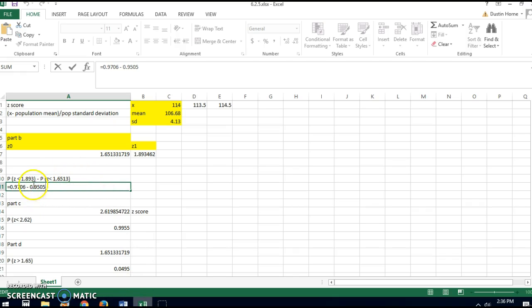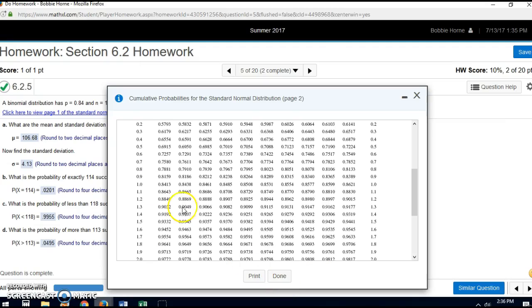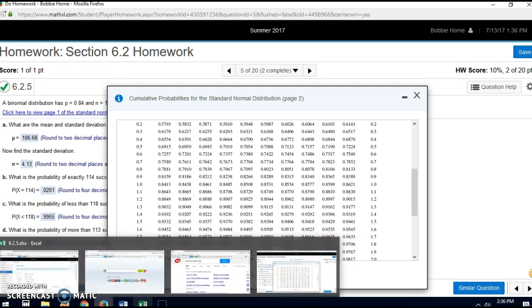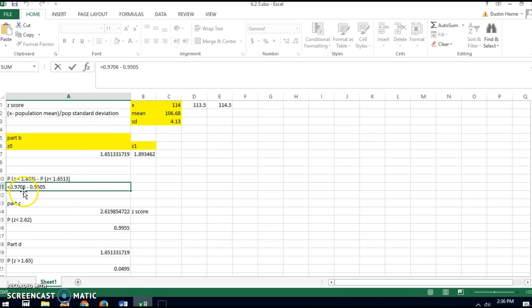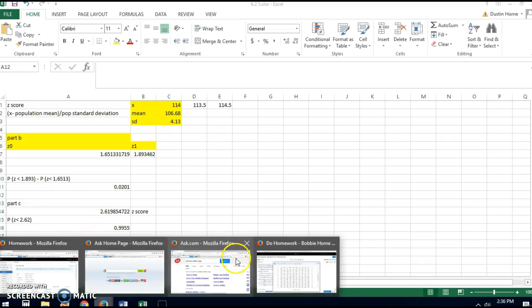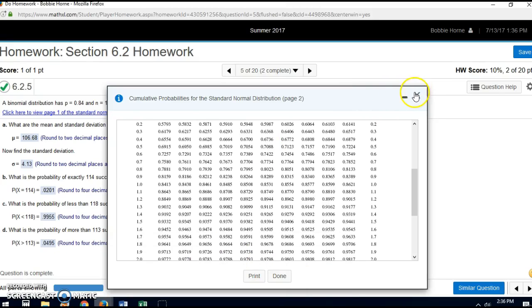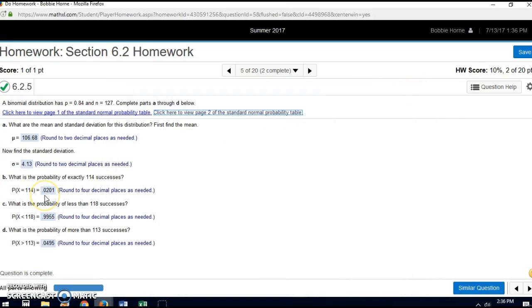We're going to subtract it out, and then our other value, our biggest number, is 1.89, which is, I believe, 0.9706. So you do the probability of the bigger number minus the probability of the smaller number, and you get 0.0201. Big minus little is how you do it when you're doing exactly.